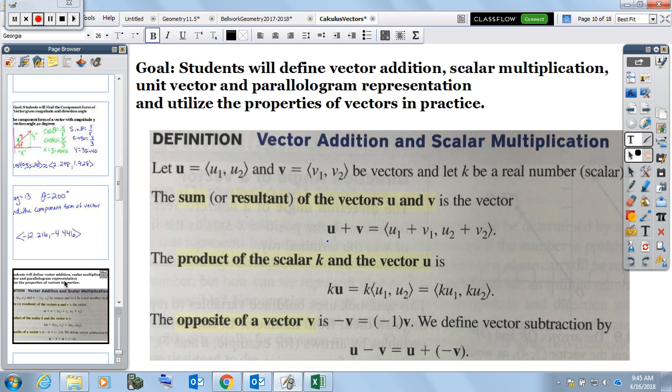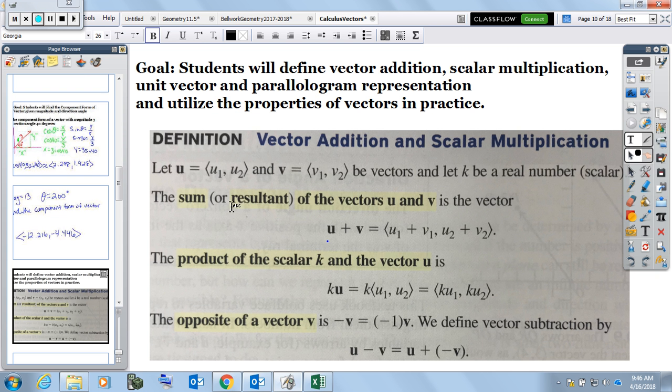And so for now, we've already talked about component form of vectors. Now, what happens when we add actual vectors to one another? We're going to look at some definitions here, and in the next slide, we're looking into some visuals as well. So as you can see, we are letting u equal u1 comma u2, the vector u1 comma u2, v being v1 comma v2.